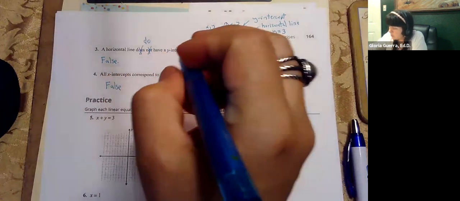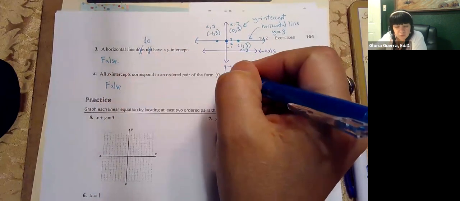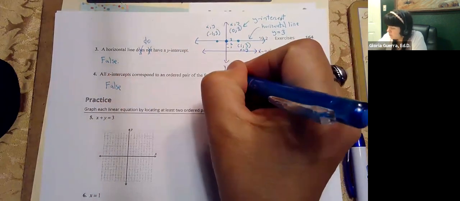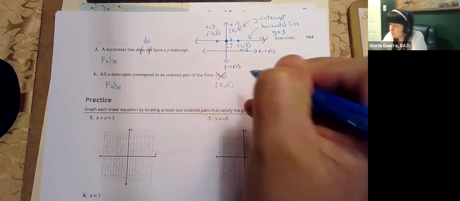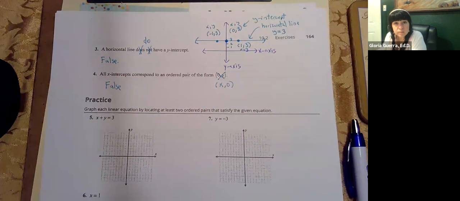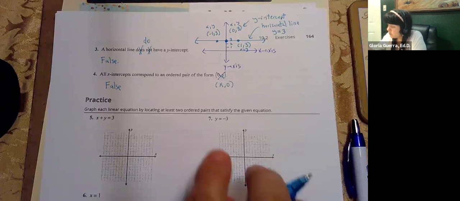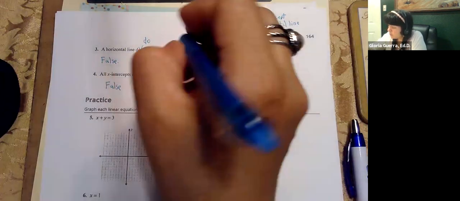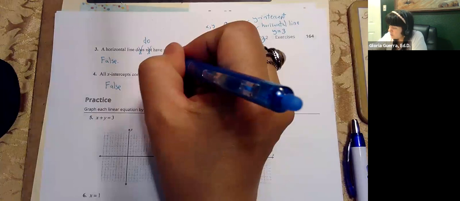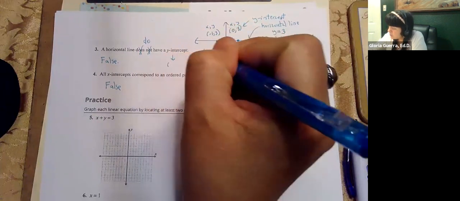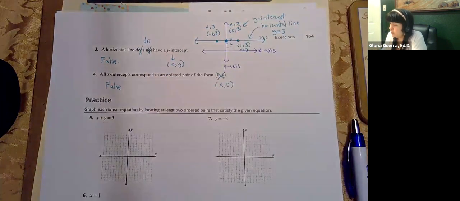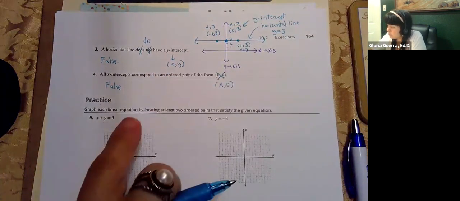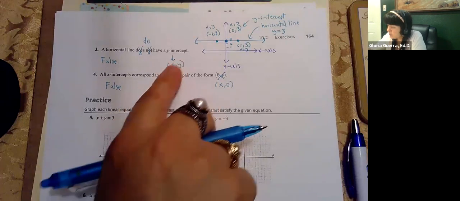All x-intercepts correspond to an ordered pair of the form (x, 0), because the (0, y) is for y-intercepts, the horizontal lines.